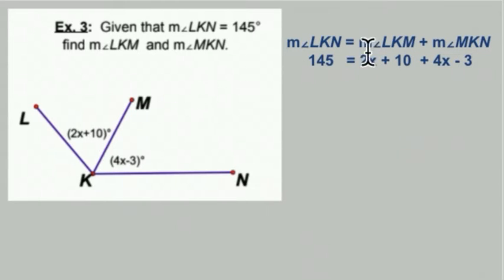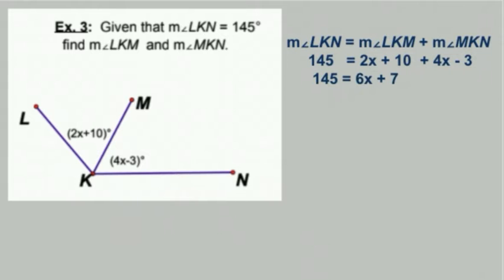Replace the measure of LKM with its variable expression 2x plus 10 and add it to the expression for the measure of angle MKN, which is 4x minus 3, and we get this equation: 145 degrees is equal to 2x plus 10 degrees plus 4x minus 3 degrees.